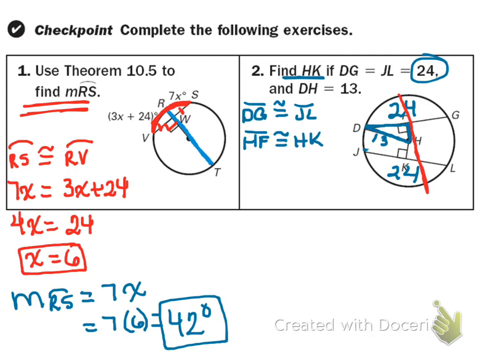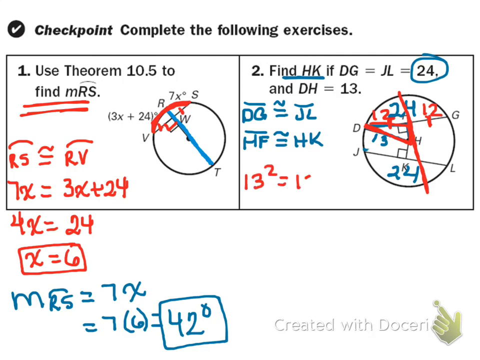Since it's perpendicular to this chord, then it bisects this chord and cuts it into two equal pieces. So this side would be 12, this side would be 12. Now I have a small right triangle here where I know two sides of the triangle and I want to find the third. The segment that's 13, that's our hypotenuse.